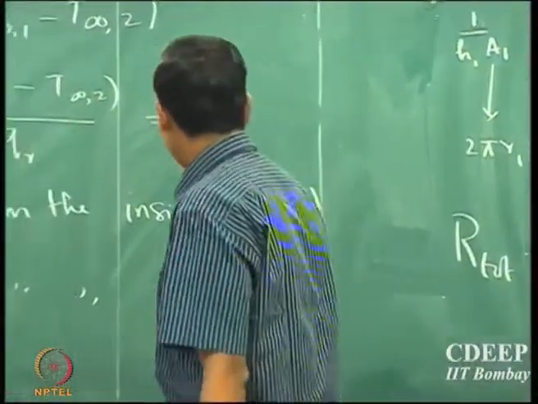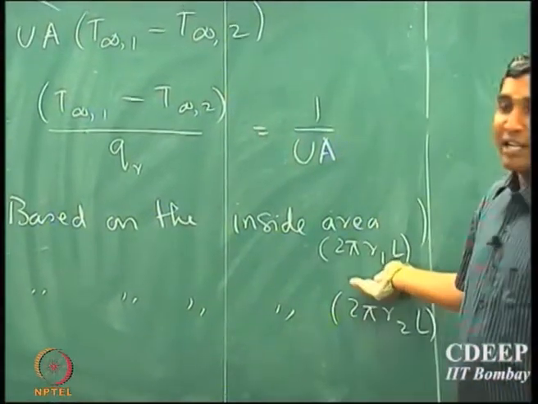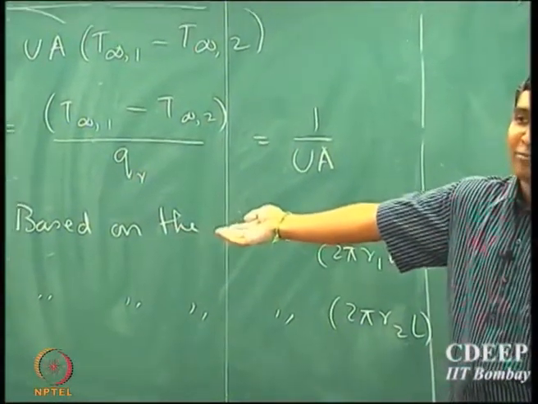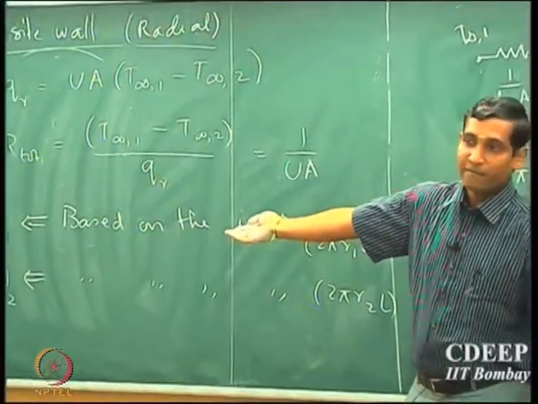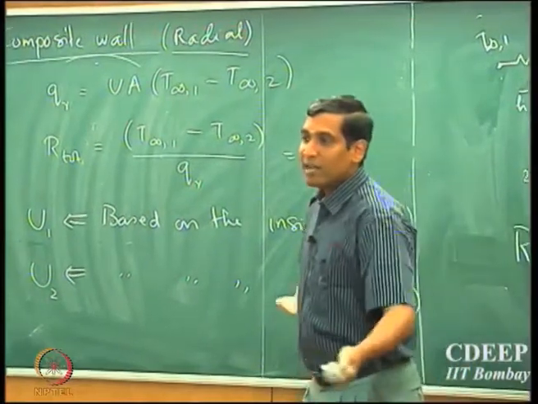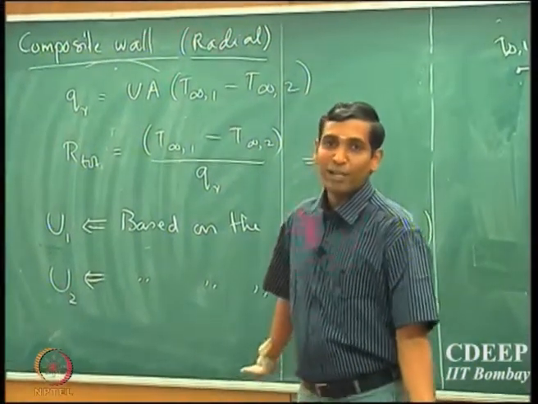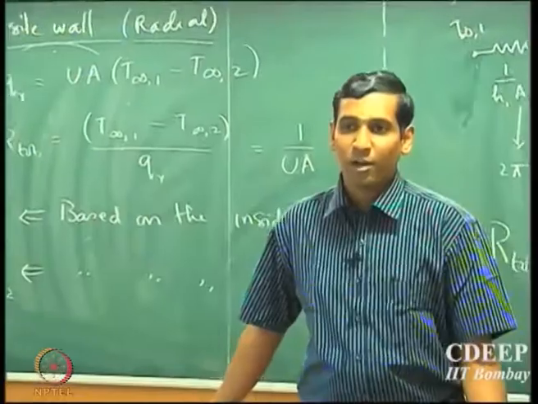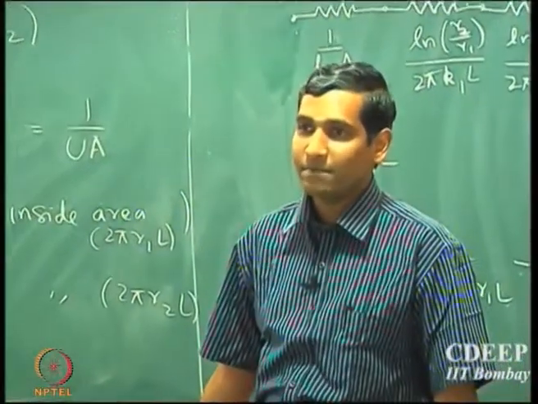In that case I should use the inside area and find the overall heat transport coefficient based on the inside area. If I want to find the cold fluid properties, then I need to use the outside area and find the overall heat transport coefficient defined based on the outside area.